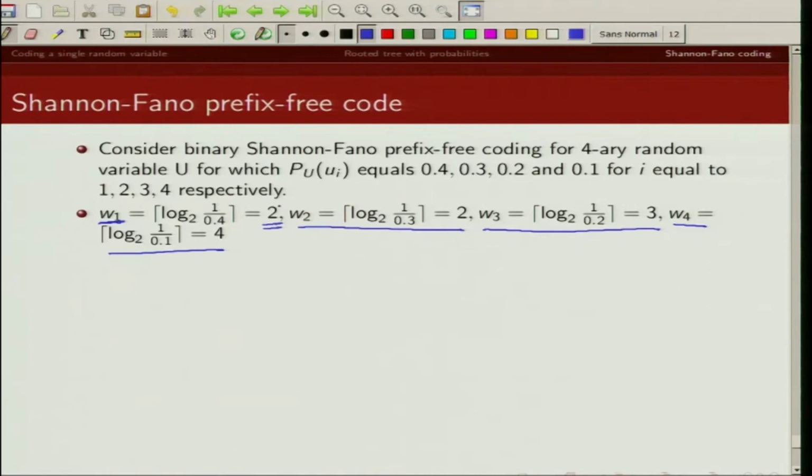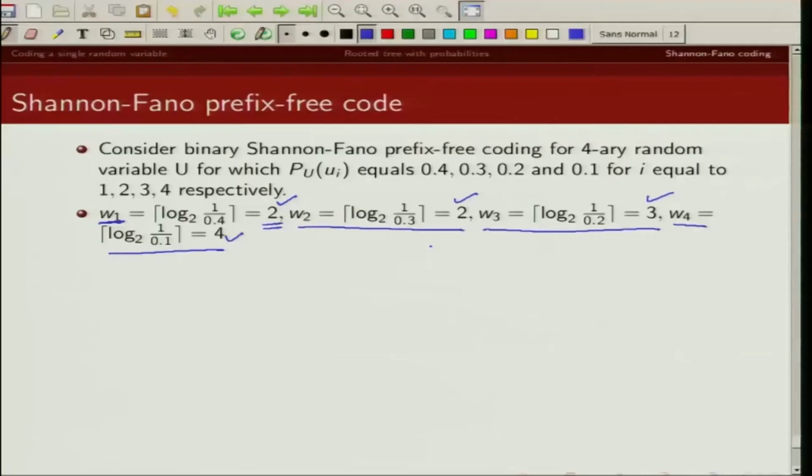So now we know the code word lengths of our prefix free code. Now if we know the code word lengths, we know from the algorithm that we talked about earlier how to map these code words of lengths W1, W2, up to Wk into a prefix free code.